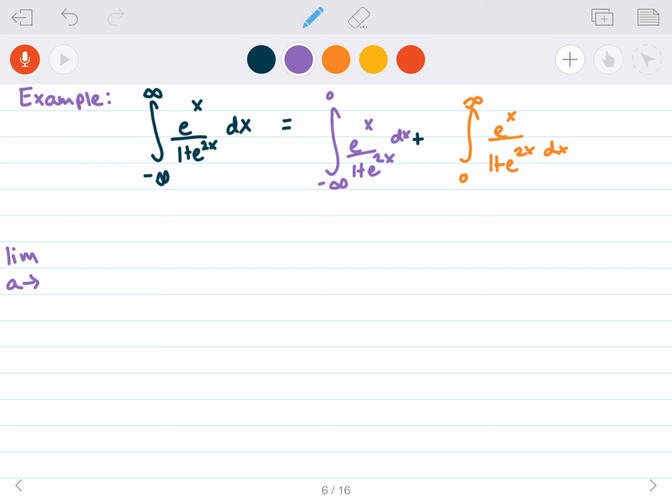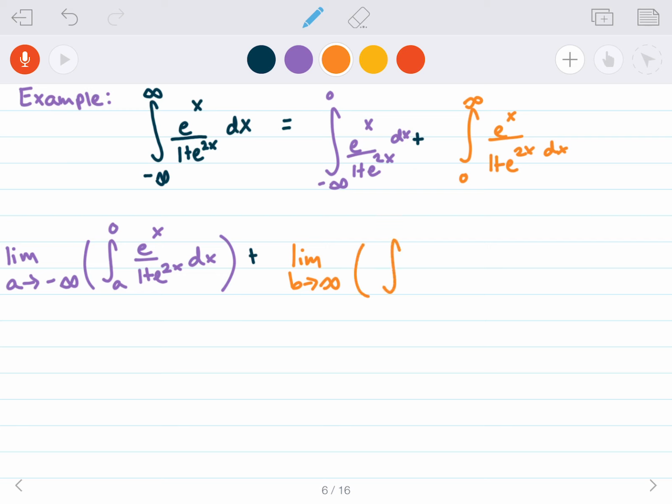So we're taking the limit as a goes to negative infinity of the integral from a to 0 of this function, and then plus this other guy, this time I'm replacing the upper bound, so I'm going to take the limit as b goes to positive infinity of the integral from 0 to b, that's what I'm replacing in there.